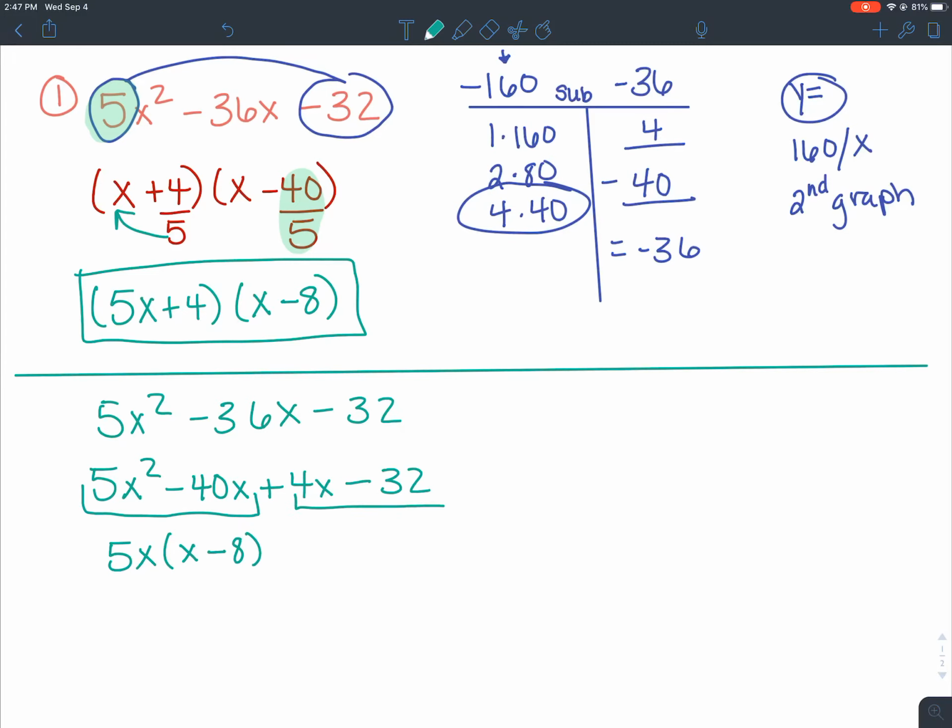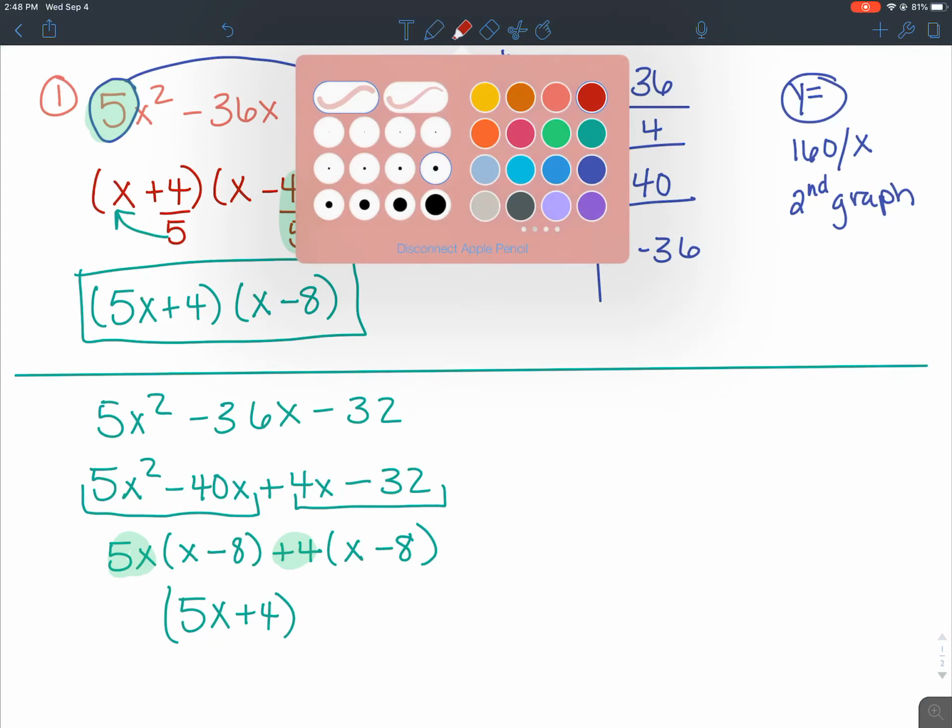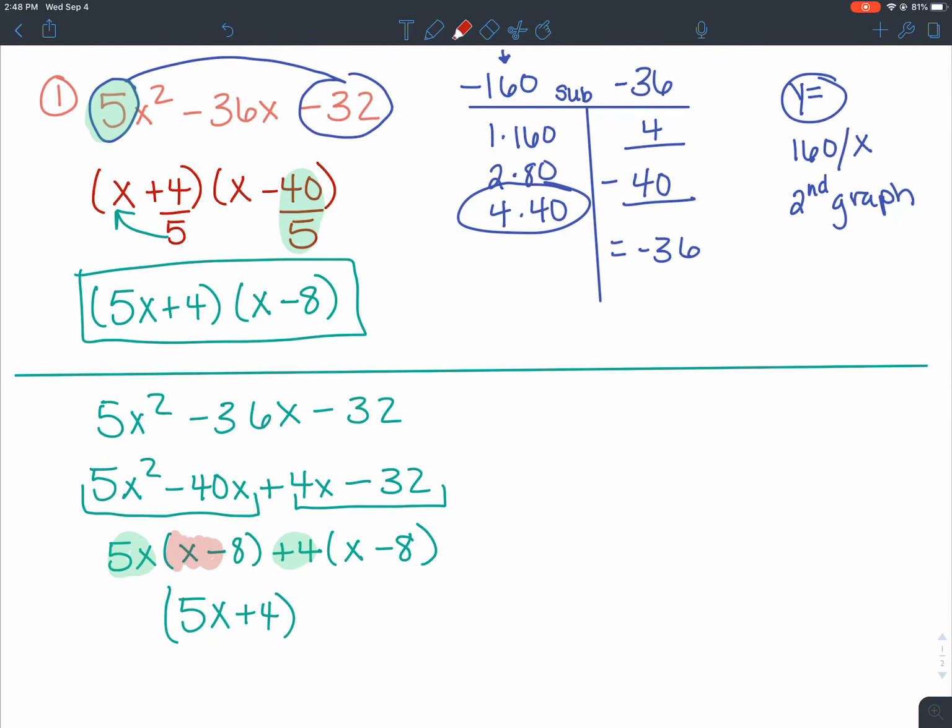And what can I take out of here? I can take out a 4, and I'm left with x minus 8. And then, bam. This is one of my parentheses, whatever I took out, so 5x plus 4. And then the other factor is the matching parentheses.